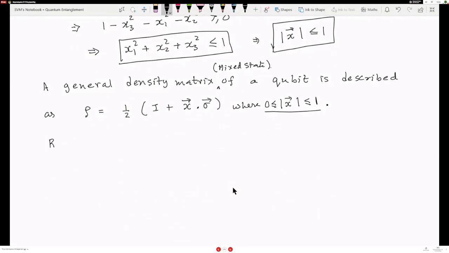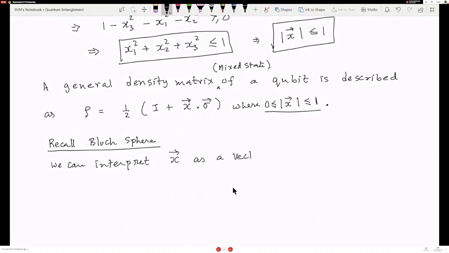So recall that we had the Bloch sphere, where now we can interpret x as a vector from the center of the Bloch sphere.